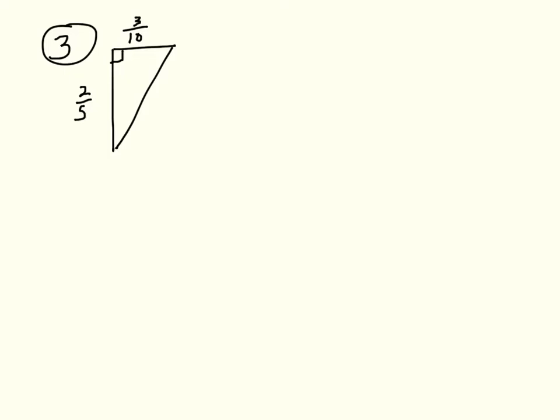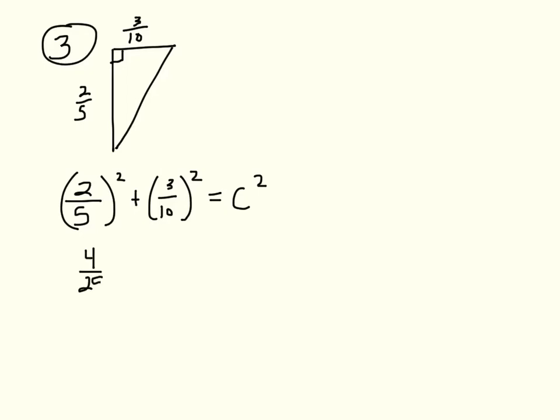Example number 3. Find the missing side. Once again, we have to find C. So let's do 2/5 squared plus 3/10 squared, A squared plus B squared equals C squared. 2/5 times 2/5 is 4/25, that's easy. 3/10 times 3/10 is 9/100 equals C squared.